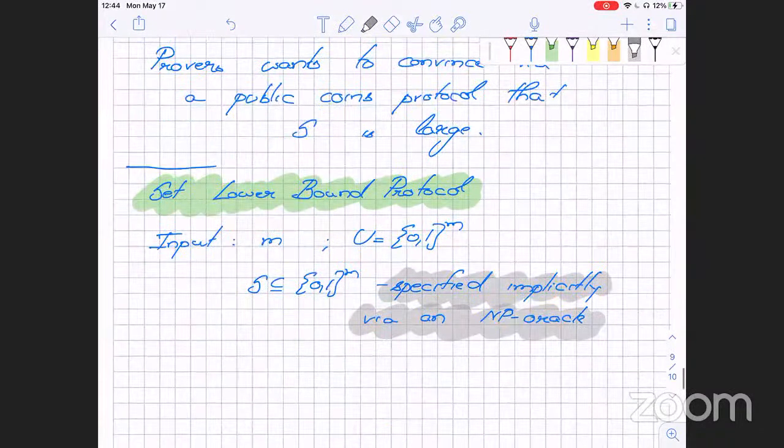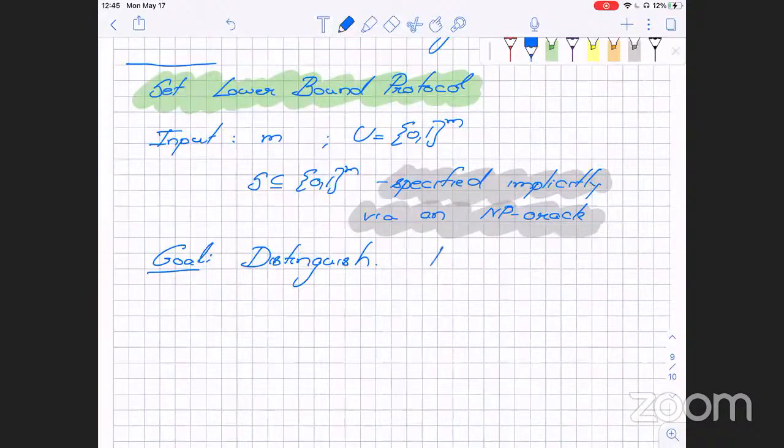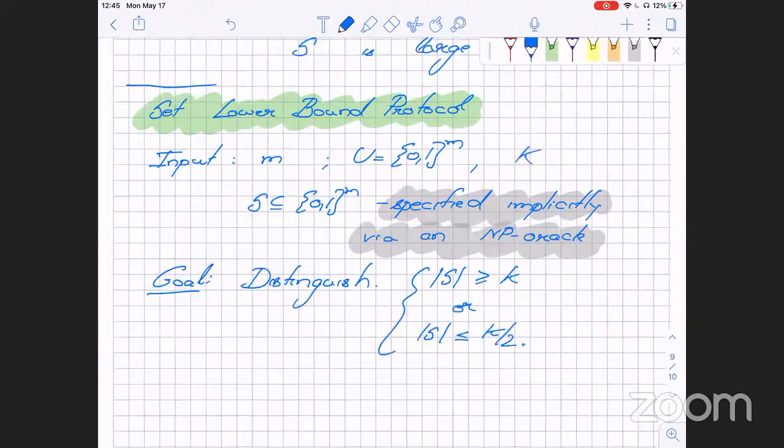And the goal for us is to distinguish these two cases: |S| is greater than or equal to K, or |S| is less than or equal to K by 2. So I also specify the input K.